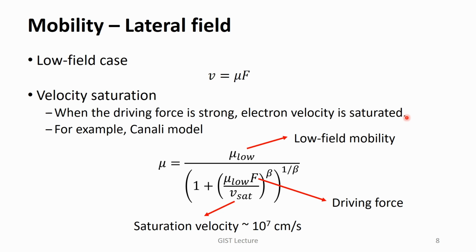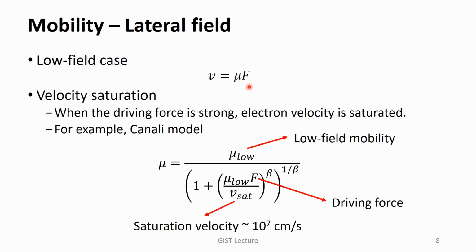The last effect in the mobility modeling is its lateral field dependence. Here, lateral field means the driving force aligned with the current density vector. We have a mobility. It means that the electron velocity increases with the driving force.